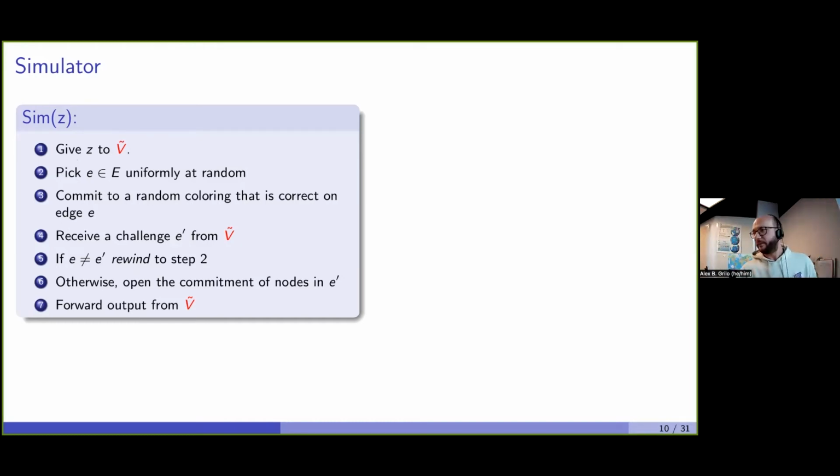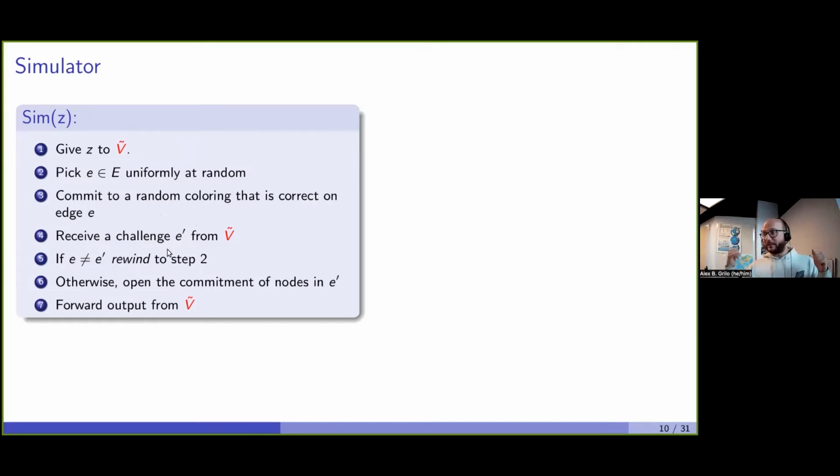So this is not a proper coloring, but it's good at least for that edge that the simulator chose in advance. It commits to this coloring to the verifier, and the verifier answers back with a challenge, an edge that they picked uniformly at random.